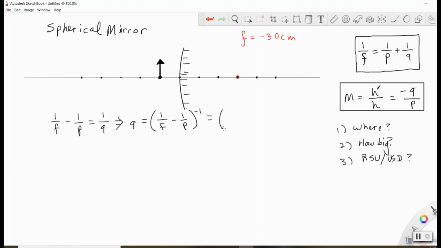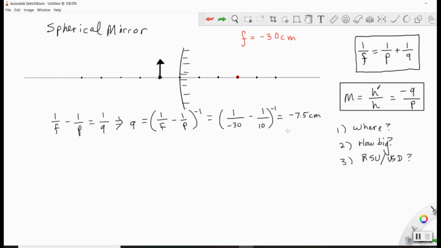So we would get 1 over negative 30 minus 1 over positive 10, flipped. That gives us negative 1 over 30 minus 3 over 30. Very similarly to what we had in the last video, we would have a negative 7.5 centimeter image distance.